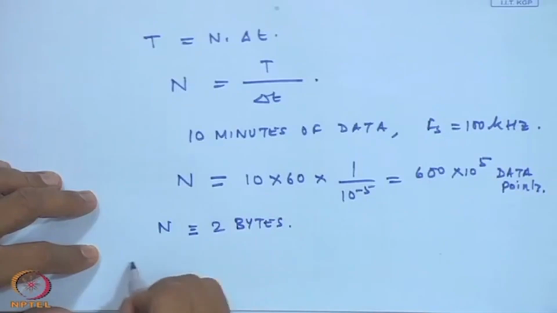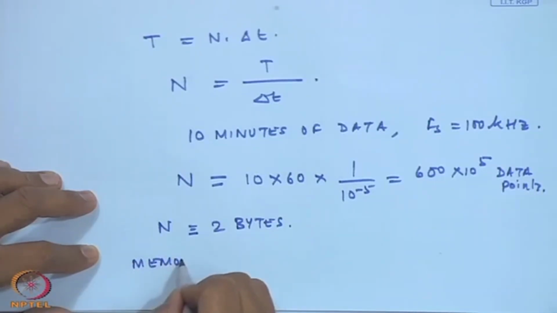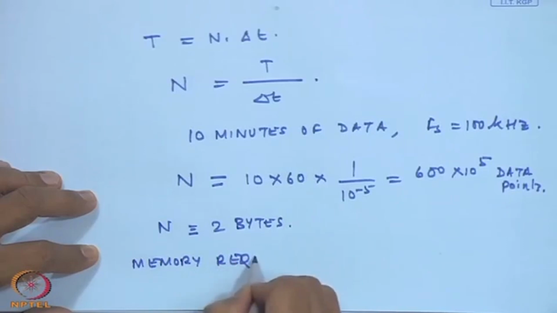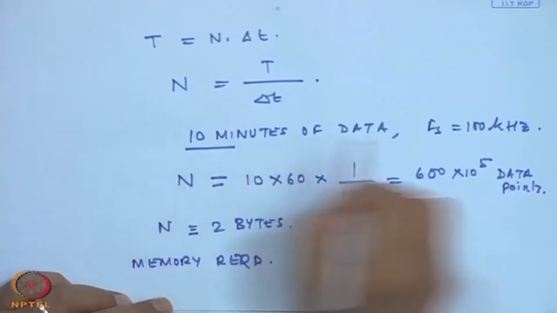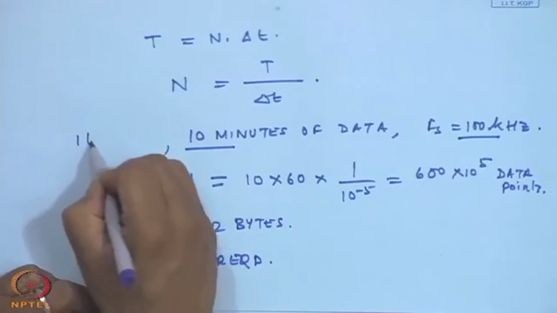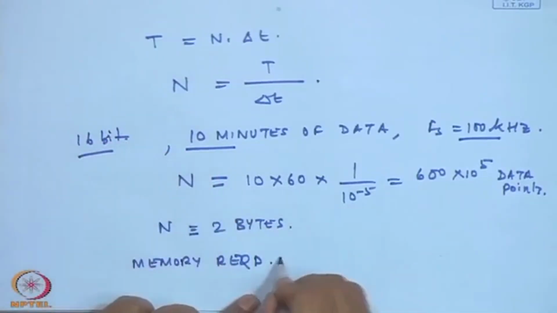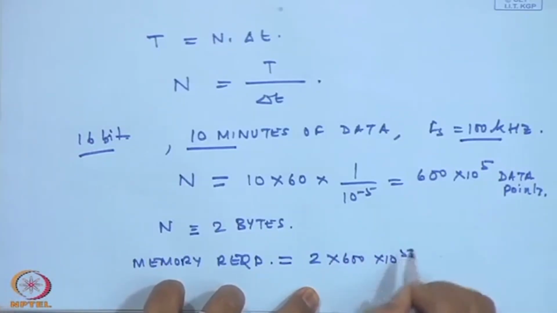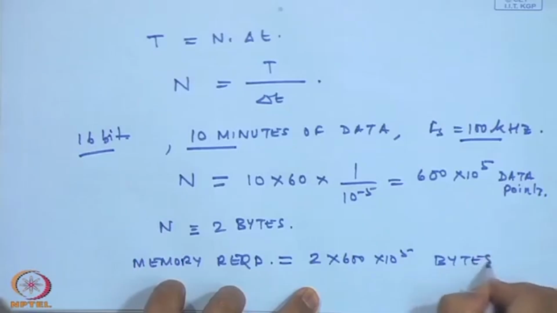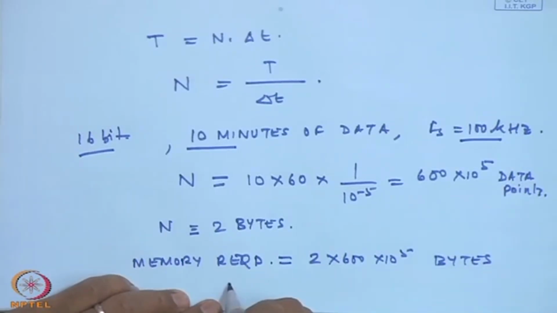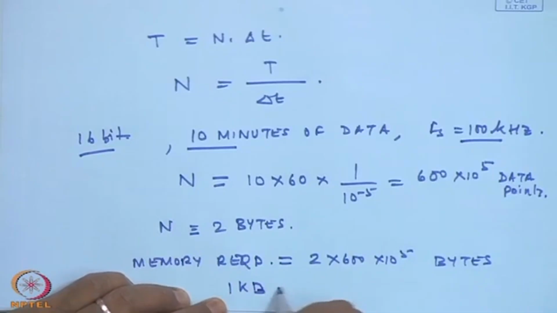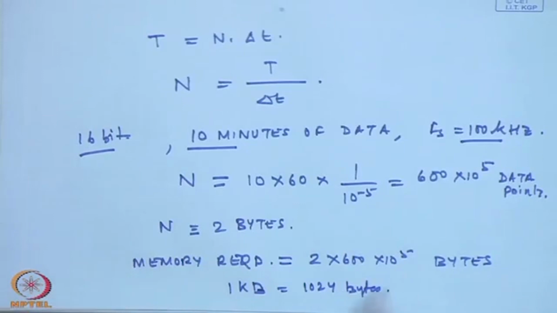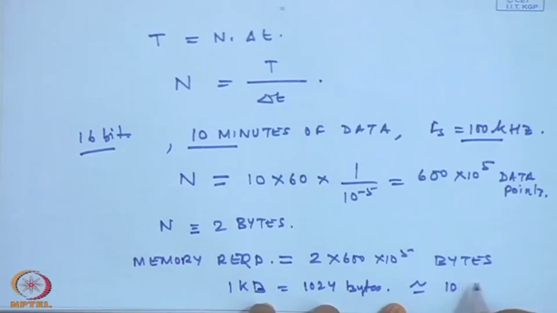Now, if every data point requires 2 bytes, the memory required to store 10 minutes of data sampled at 100 kilohertz in a 16-bit recorder would be 2 into 600 into 10 to the power 5 bytes. Though 1 kilobyte is equal to 1024 bytes, for the sake of discussion I approximate it as 10 to the power 3 bytes.